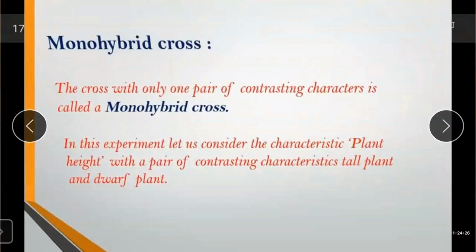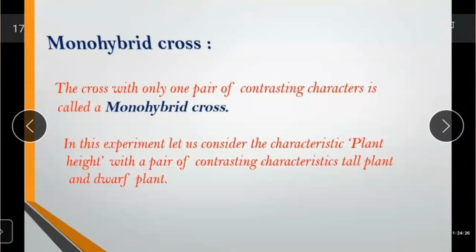Now we shall study the following crosses to clearly understand the conclusions of Mendel's experiment. Now we can perform some experiments. What do you mean by monohybrid cross? In this experiment, Mendel brought about a cross between two pea plants with only one pair of contrasting characters.